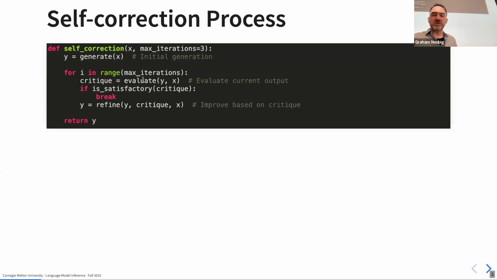You have some evaluation of the output, with some nuances about exactly how you do this. Then you have your stopping criterion, where you basically judge whether your critique said the output was satisfactory or not. And then if you didn't say it was satisfactory, you refine the output like this. So nothing that complex, but of course the details matter here, and most of the methods I'm going to introduce in this class are details of how you can get this to work.